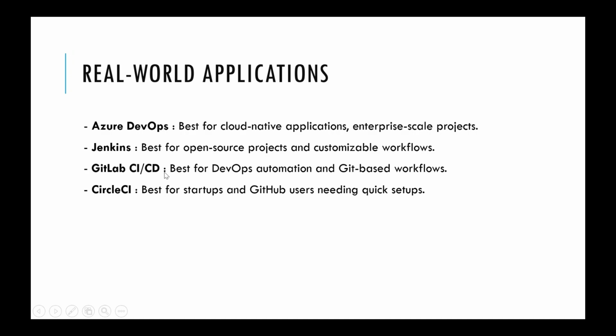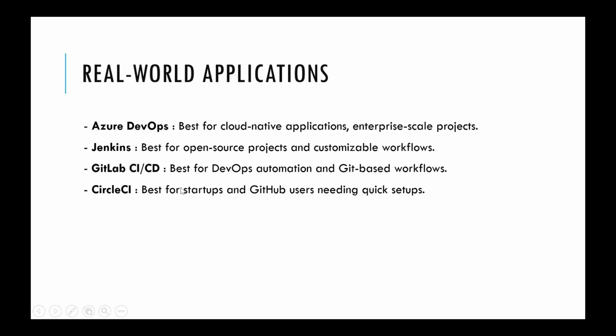If you are mostly working with GitLab, you can go for GitLab CI/CD. Next one is CircleCI. This is best for startups and GitHub users needing quick setups. So if you are a startup using GitHub as your repository, you can go for CircleCI as well.